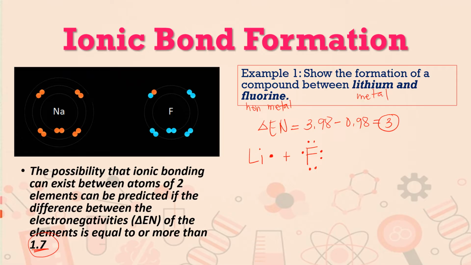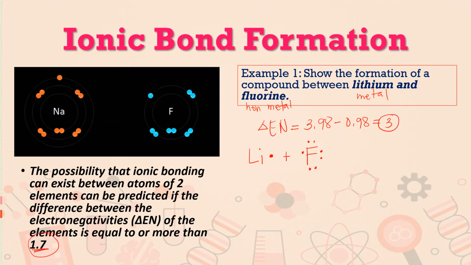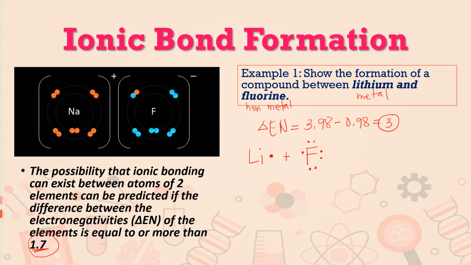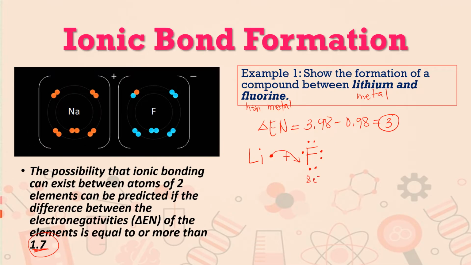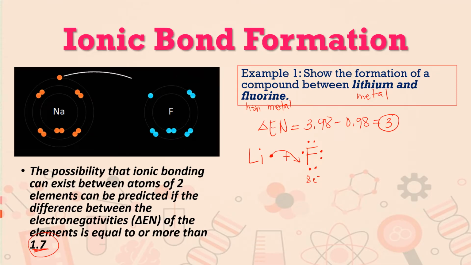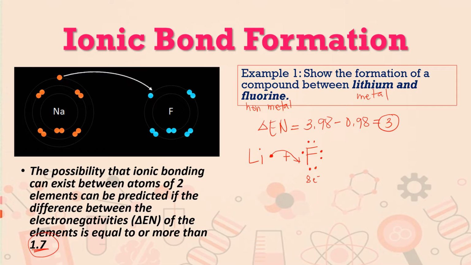Now, we said a while back that lithium tends to lose its electrons while nonmetals accept electrons. So in this situation, the lithium will give its electron to fluorine so that fluorine will fulfill stability, which is having 8 electrons in its valence shell. So if both already reach stability, then the ionic bond formation stops.